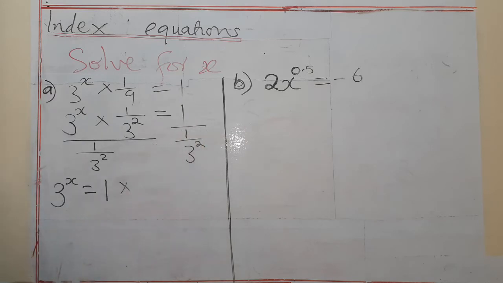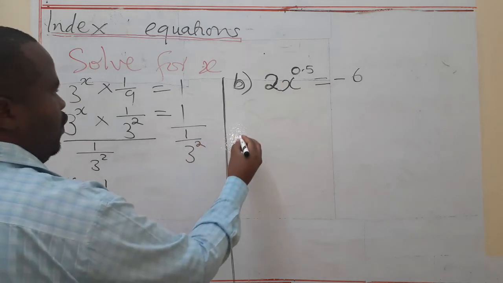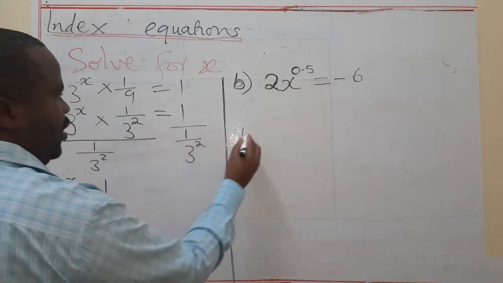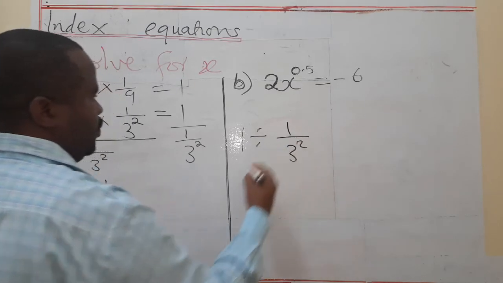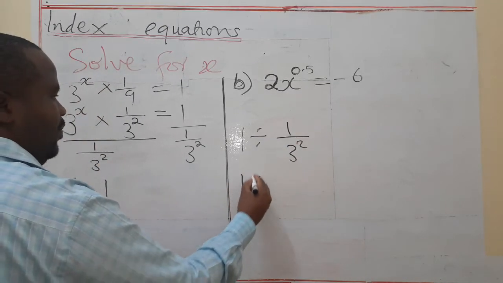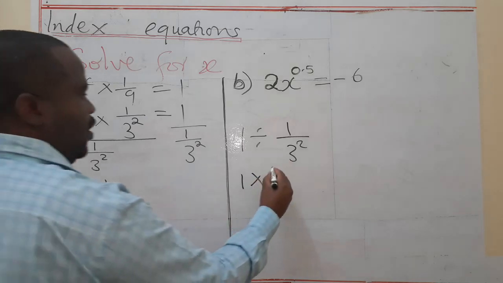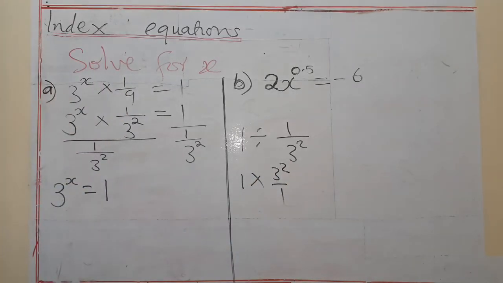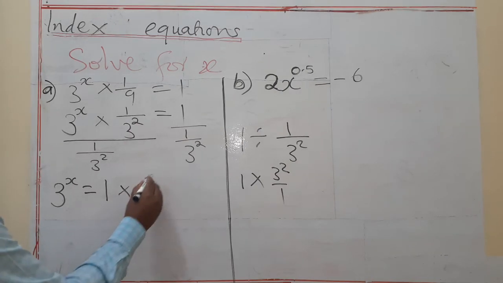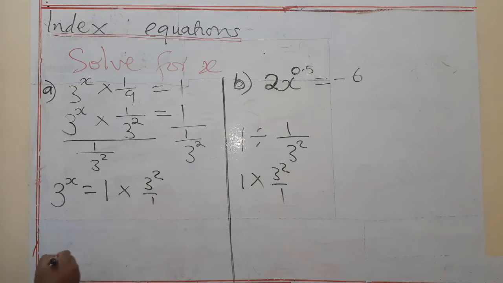Let me explain: if you have 1 divided by 1 over 3 to the power 2, this will be 1 multiplied by 3 to the power 2 over 1.